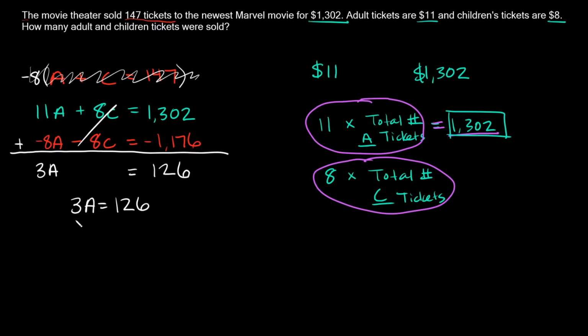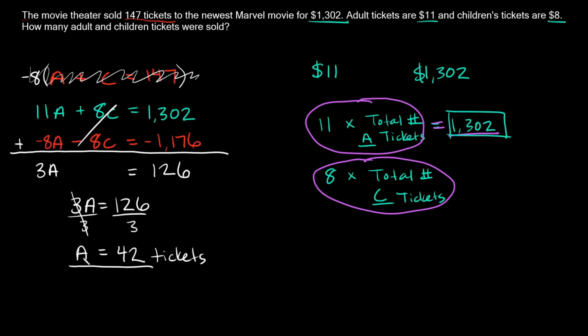So in order to solve for A right here, I'm just going to divide by 3 on both sides, okay? And then these 3's are going to cancel out, and we're just left with A is equal to 126 divided by 3, which is equal to 42, okay? So we just found the number of adult tickets, right? We have 42 adult tickets. So how do you figure out how many children's tickets we have?